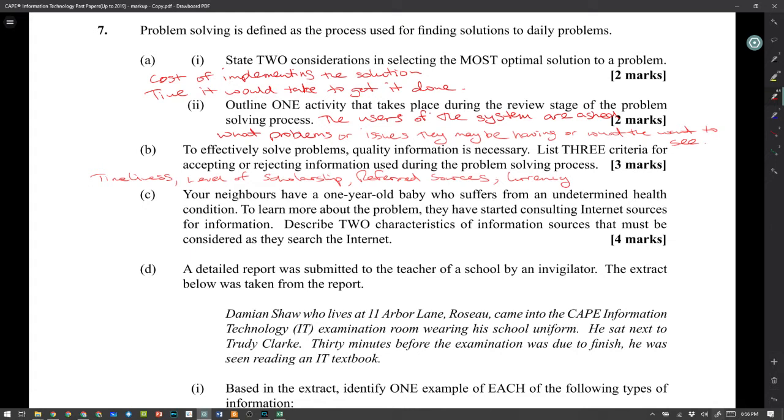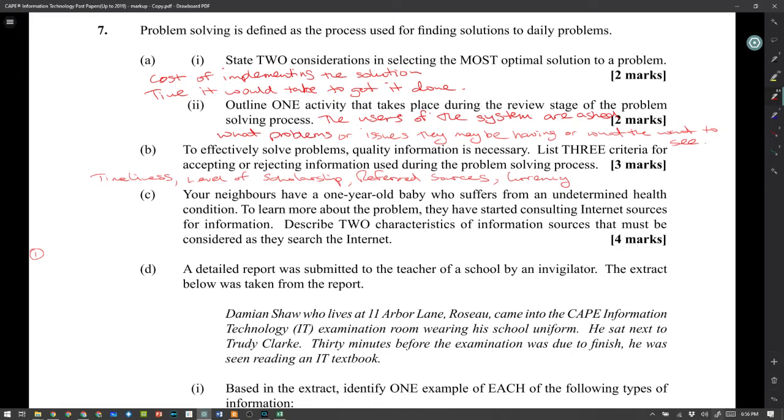Your neighbors have a 1-year-old baby who suffers from an undetermined health condition. To learn more about the problem, they have started consulting internet sources for information. Describe 2 characteristics of information sources that must be considered as they search the internet. Internet sources are a little different from normal information sources, and the question said describe, so we have to describe.